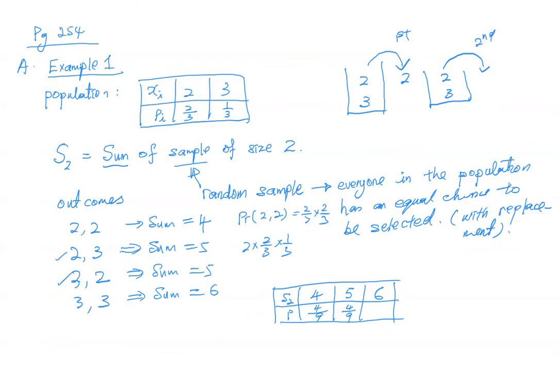And to get 3,3 is 1/9. Are you okay? So from here, you can find the mean and the standard deviation using your 1-var stats. Then from 2 numbers, I also can have the sum of 3 numbers. It's possible.